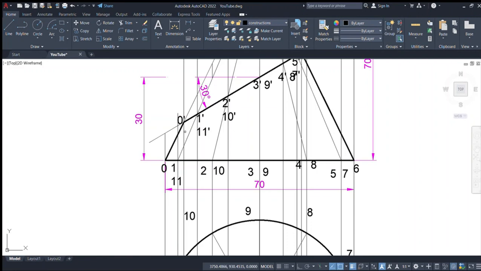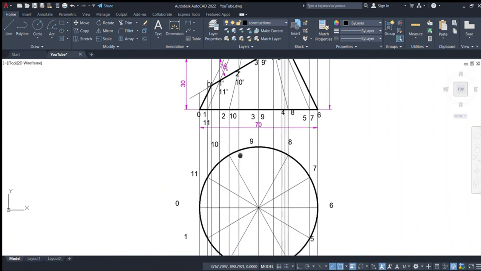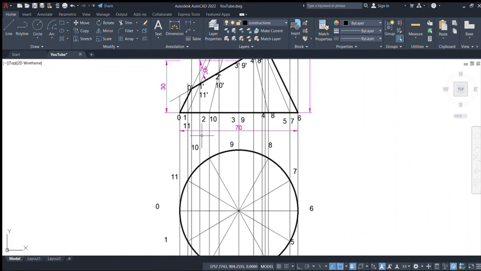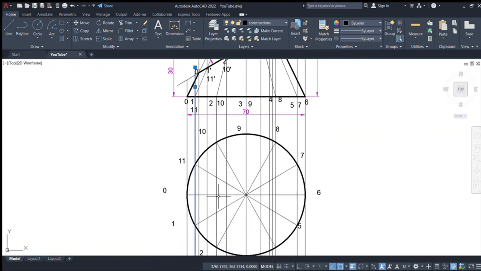Yeah. So now, once we drop those lines, this line is from point 0. This one is from point 0, you follow that line downwards, point 0. Let me clean this one.